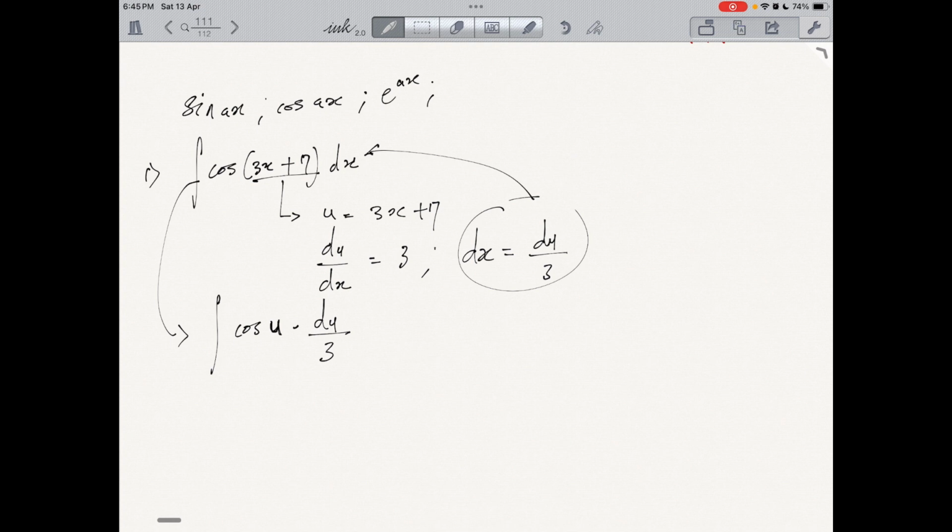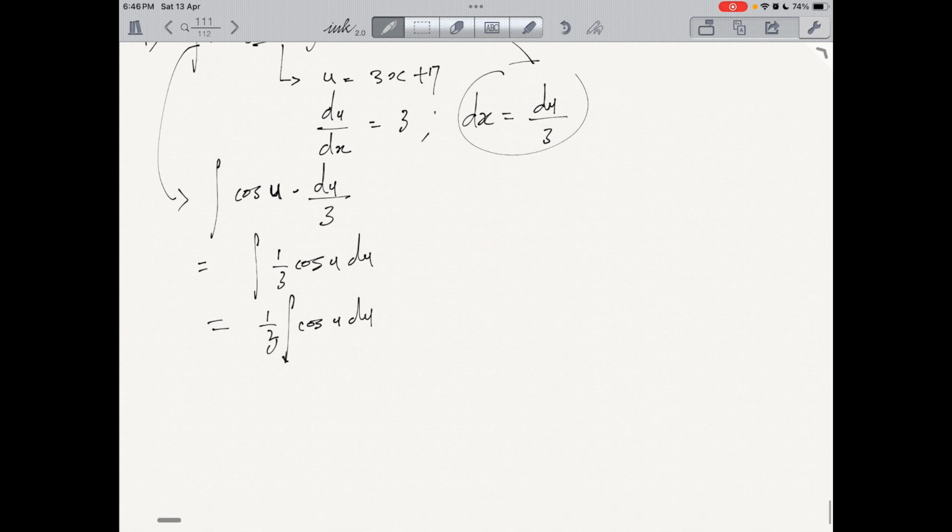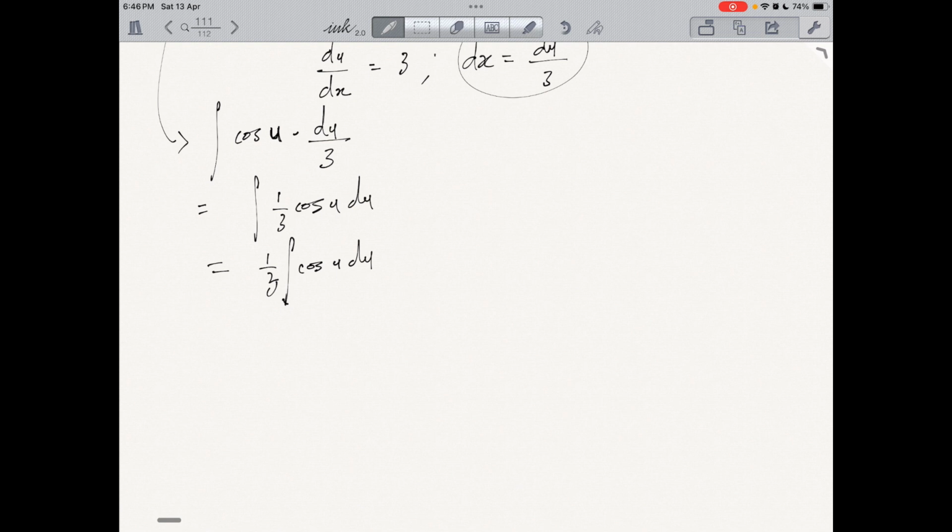Now this is equivalent to 1/3 cos u du. Bringing the constants out, we have 1/3 integral of cos u du. Now this is a standard integral. We know that integrating cos will give us sine, and this will give us 1/3 sin u.